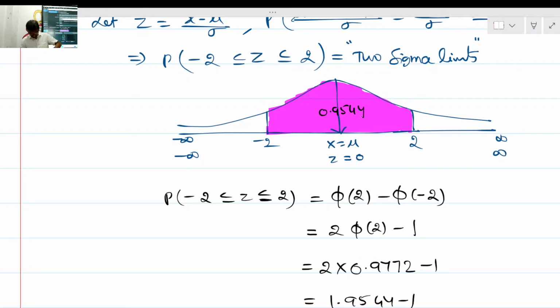The remaining part, dividing by 2, so this area is 0.4772.